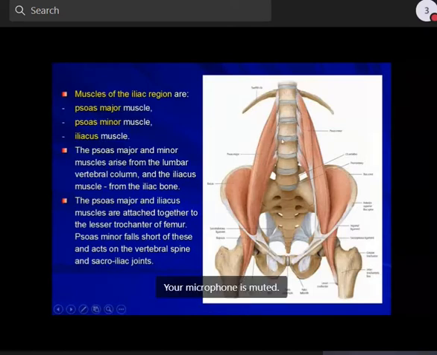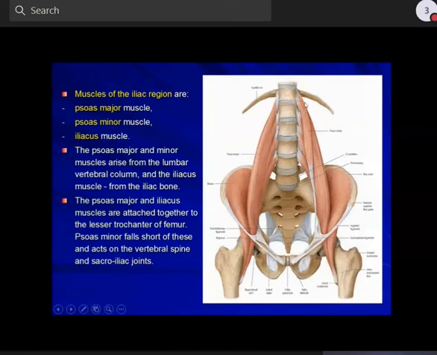The muscle tapers downwards and adheres to the medial aspect of the iliacus and both end on the lesser trochanter.